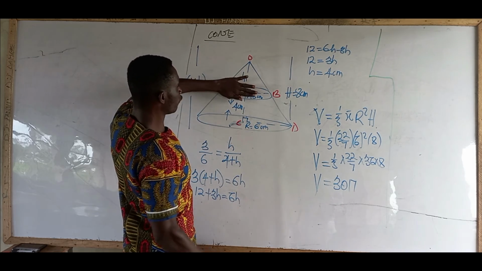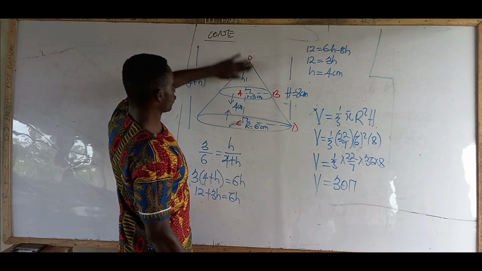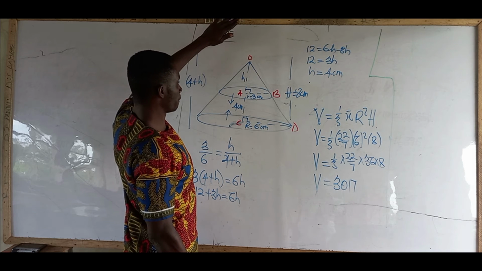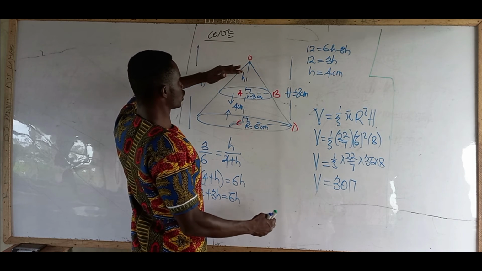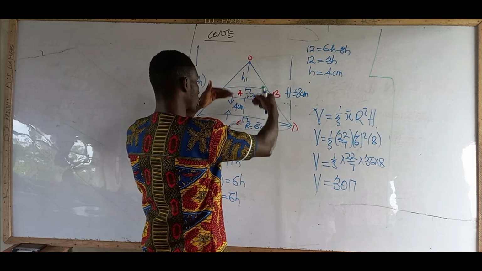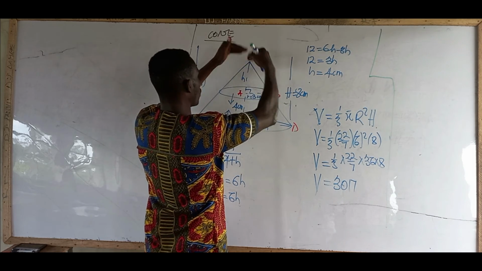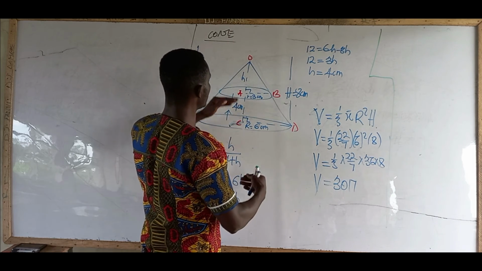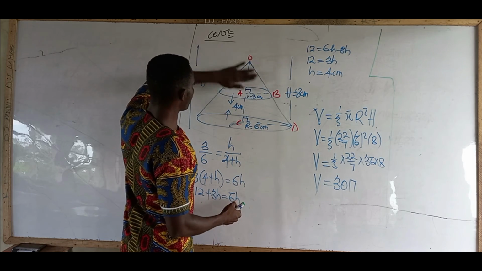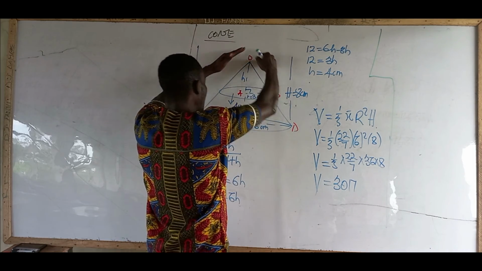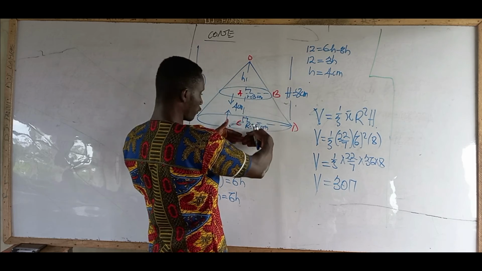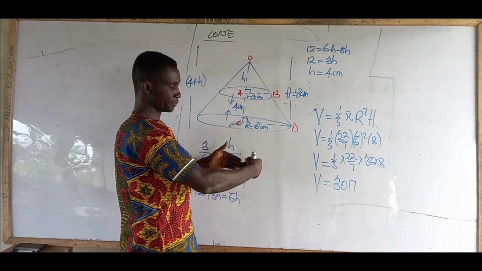After that, we go to the volume of the top section of the cone. If you want the volume of the bottom part, if you remove the top, what remains? Then it will be subtraction of the top cone from the total cone. What remains will be the bottom part.